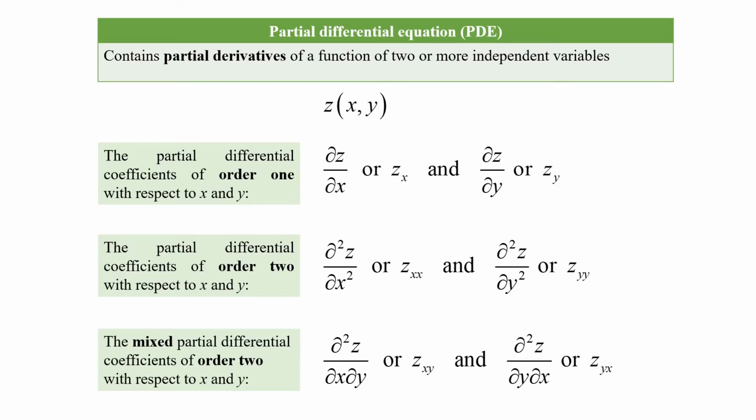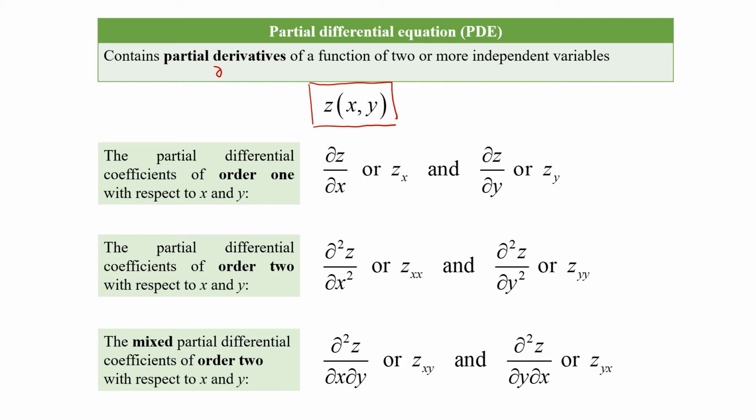Partial differential equation contains partial derivatives, or we can write it as del, of a function of two or more independent variables. Let's say we have a function of z in terms of x and y. So x and y are the independent variables and z is the dependent variable.